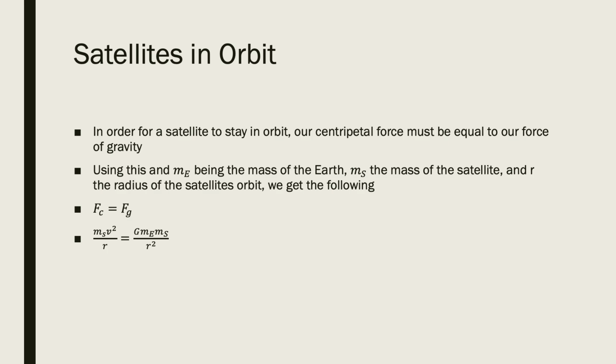We also have mass of satellite on both sides of the equation, so we can cancel those out as well. Now that gives us a simplified formula that for a satellite in orbit, our velocity squared is equal to the gravitational constant times the mass of the Earth divided by our radius.